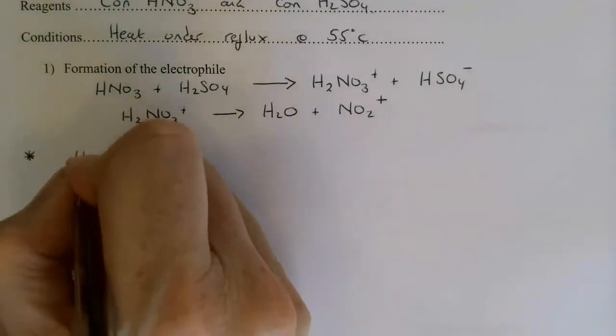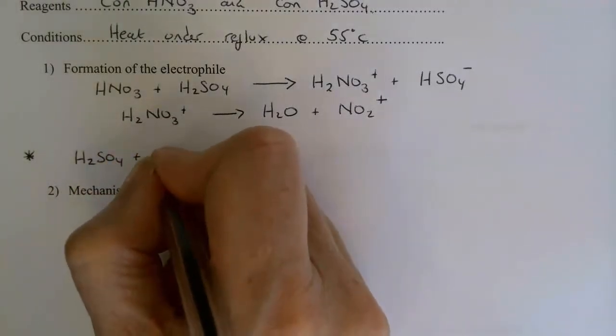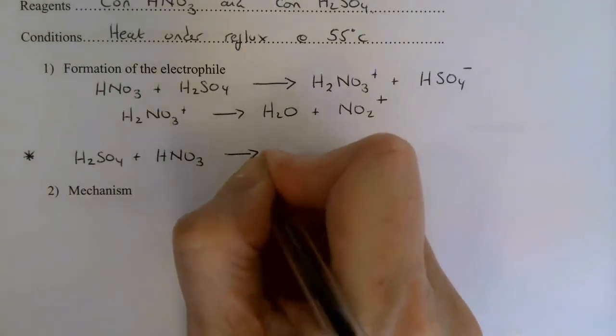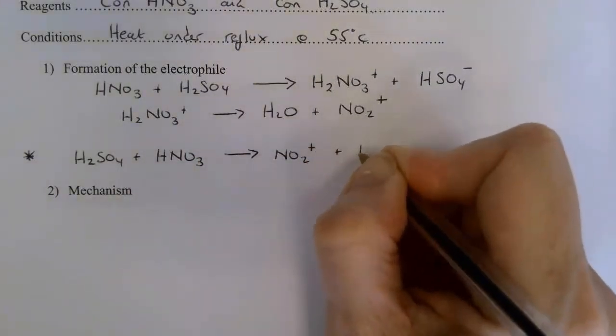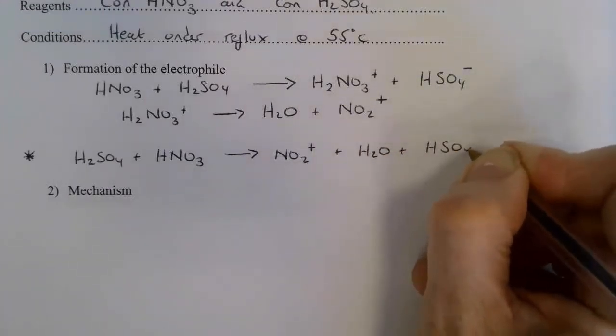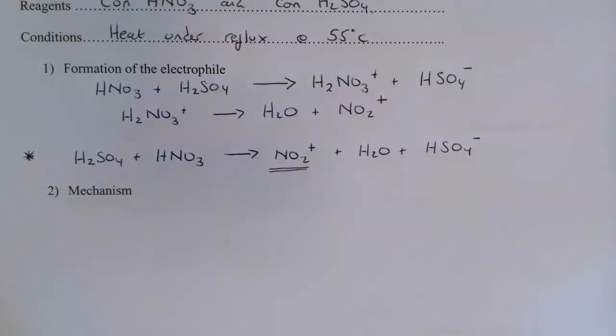So you have your sulfuric acid, H2SO4, very concentrated, and your concentrated nitric acid, and you're going to make your NO2 positive, some water, and your HSO4 minus. And it's this that I'm interested in. That is my electrophile, my NO2 positive.